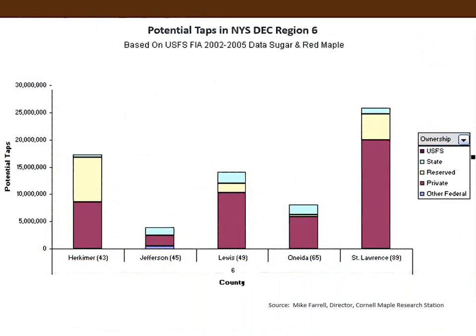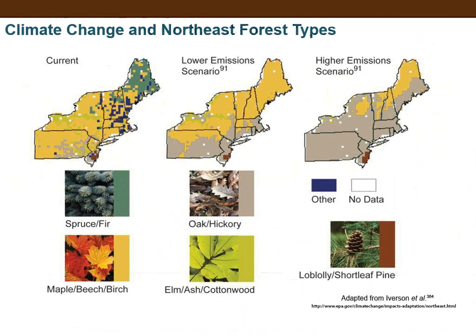And at the same time, climate change rears its ugly head. And so in this particular picture, the left-hand map is showing us the current distribution of different forest types in the Northeast. And the maple beech birch color is basically the kind of mustard yellow color with some spruce fir forests, mostly in Maine.